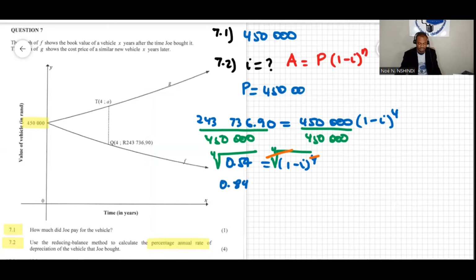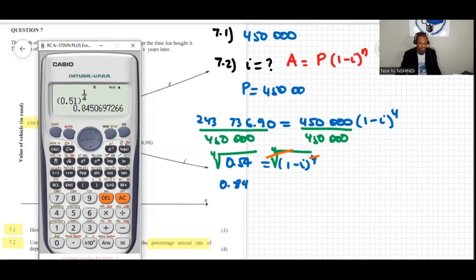Or maybe we can still use shift and square root here, but that gives me the cube root. Is it this one? Let's see. Shift, oh yes, we can do that.